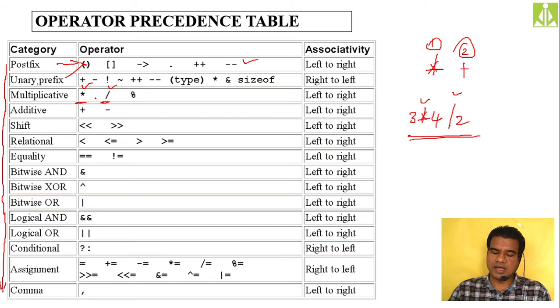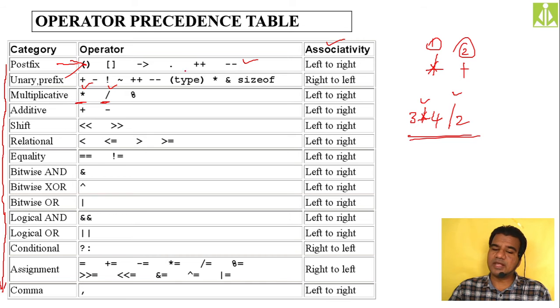So now again the confusion: do we evaluate the multiplication first or the division first? Over there we have to check the associativity rule, which is given on the right side of your precedence table. The last column of your precedence table is the associativity. This associativity tells how you have to move within that precedence level.